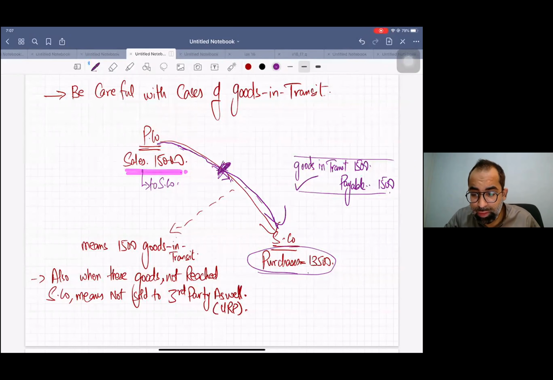Now, first of all adjust this entry. How will you adjust this entry?